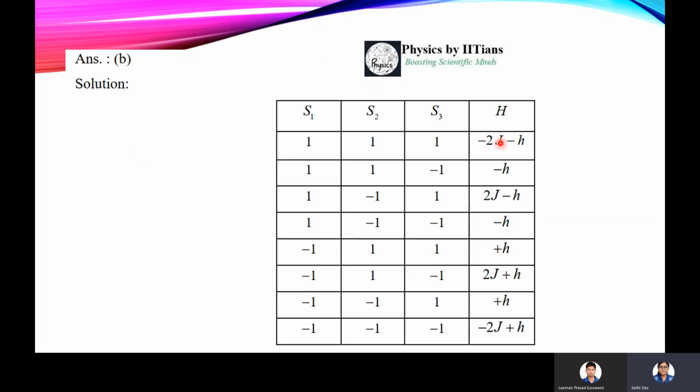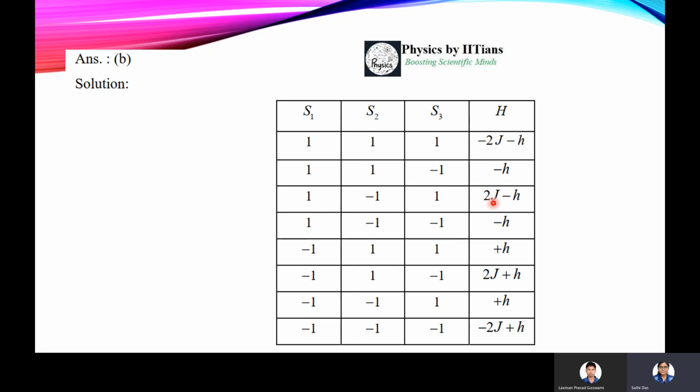Now look here, this is minus 2J minus H and it has no degeneracy, right? Minus 2J minus H is only one term. But for minus H, there are also other minus H terms, so it has a degeneracy of 2, because it is the same energy but two different levels. So the g_i factor will be 2.